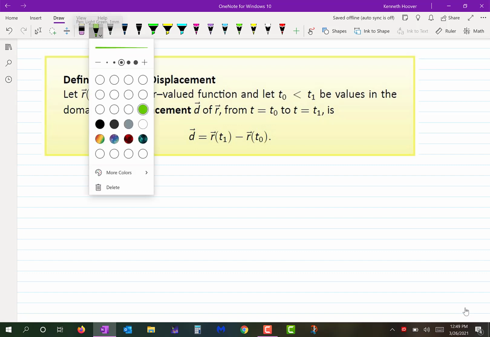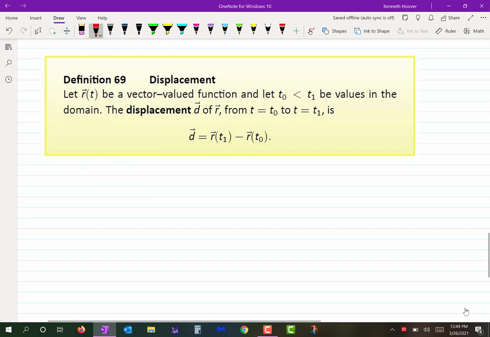Look, there's an arrow above it, so that means D is a vector. So I would call it the displacement vector. The displacement D of vector r from t equals t naught to t equals t1 is simply r of t1 minus r of t naught.